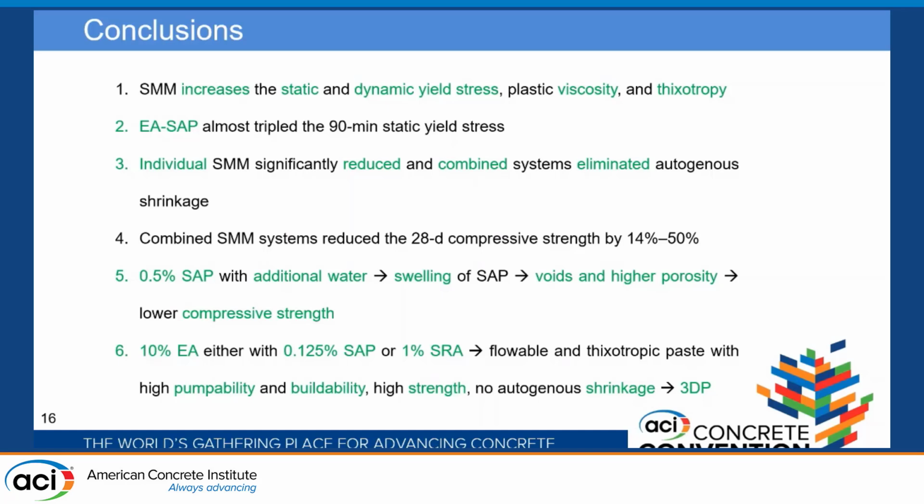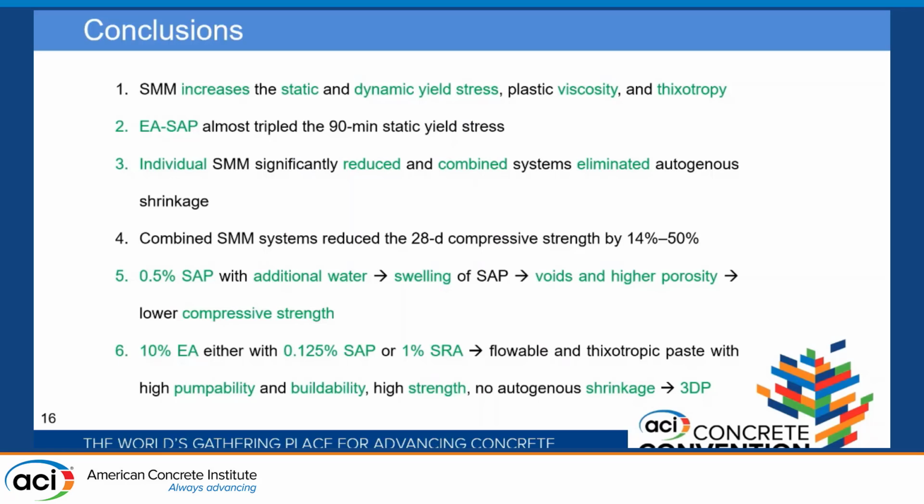EA-SAP combination almost tripled the 90-minute static yield stress. Individual shrinkage mitigating materials significantly reduced, and combined eliminated, shrinkage, and they also significantly reduced the mechanical properties, especially in the combined situation. The SAP mixture, due to the additional water, absorption of water, swelling and leaving voids after desorption, led to inferior mechanical properties.